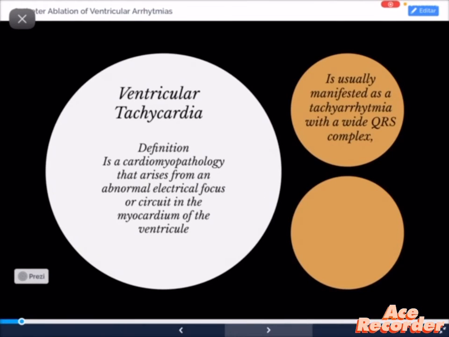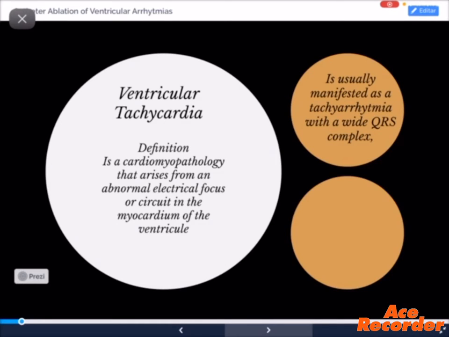First of all, we have to talk about the main pathology of this surgical procedure, that is ventricular tachycardia. The definition is that it is a cardiomyopathology that arises from an abnormal electrical focus or circuit in the myocardium of the ventricle.